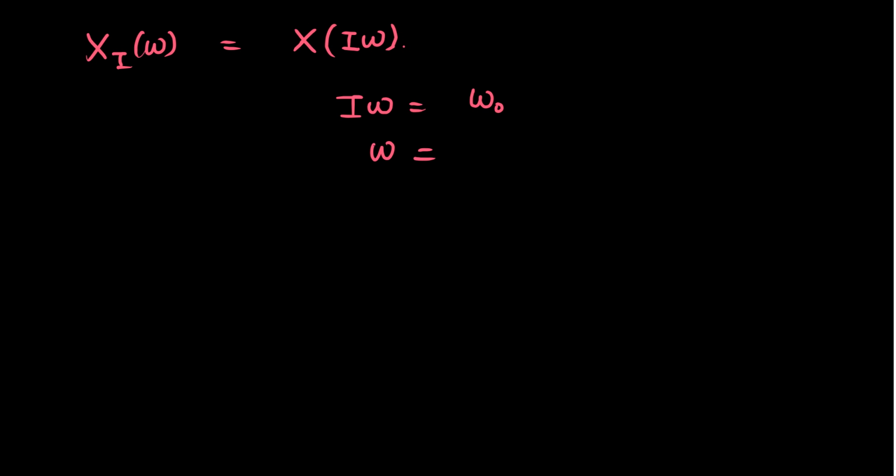Therefore this omega is now given as omega naught by I, which means that the frequency which was initially at omega naught will now be available at omega naught by I. Suppose my omega naught is at 2 pi, it would now be available at omega equal to omega naught by I, that is 2 pi by I.